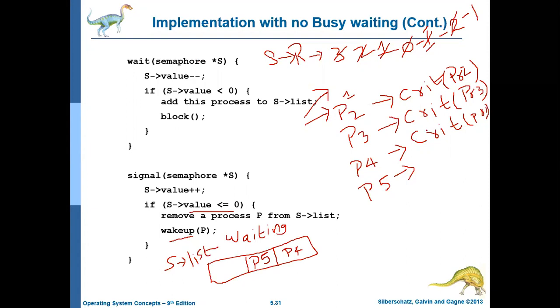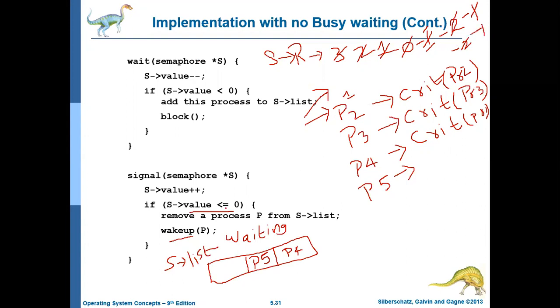If it gets the printer, then this -1 will be decremented, so again it will become -2. Now once again, assume P2 is releasing the printer. Then this -2 will become -1.